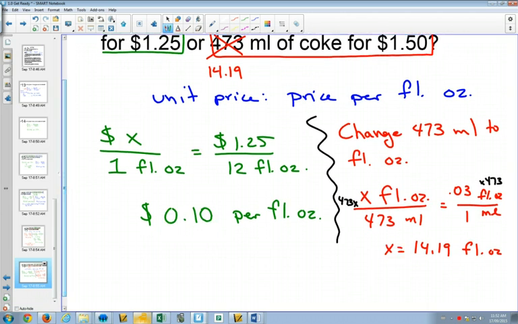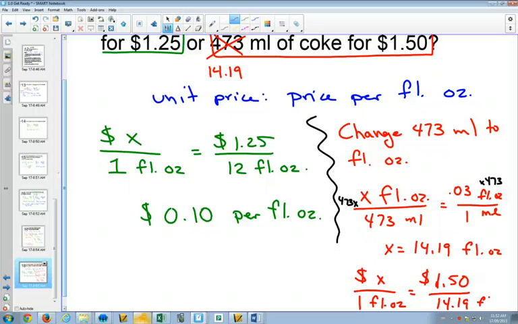And now we're going to find out the unit price for this. So we want to know our unit price. What is the price for 1 fluid ounce if it cost $1.50 for 14.19 fluid ounces?